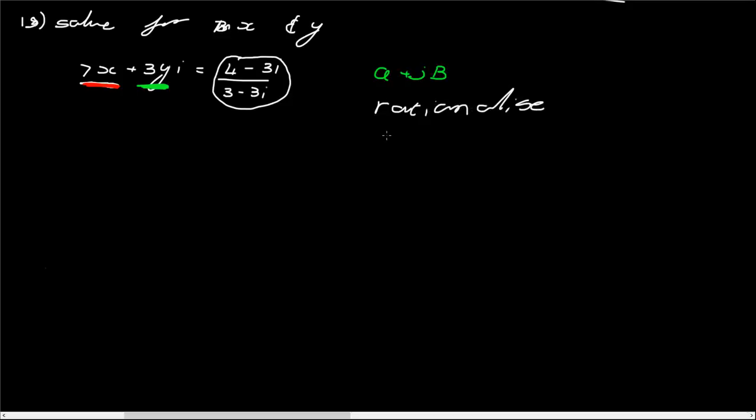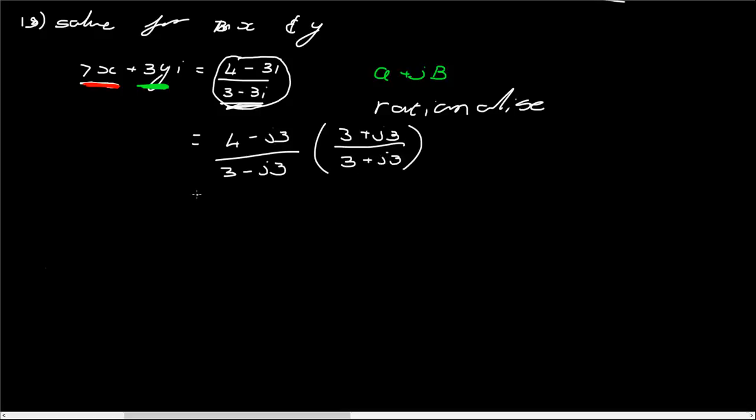And what are we going to do? We're going to multiply by the conjugate of the denominator over the conjugate of the denominator. So, let's do it. We've got 4 minus j3 over 3 minus j3 times 3 plus j3. Remember the complex conjugate, you just change the sign in front of the imaginary part, over 3 plus j3. And then we're going to multiply this out using FOIL. So let's multiply the top.